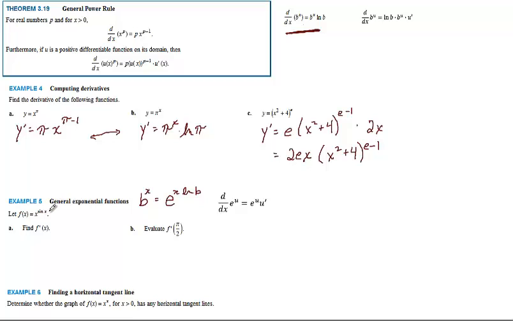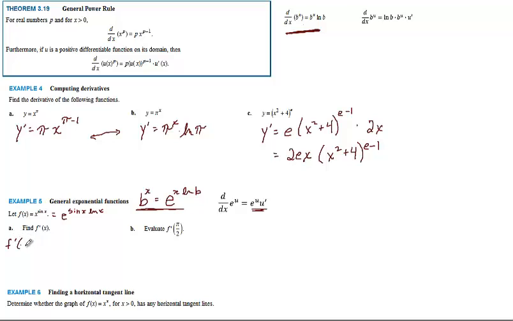So I can't use any of my general power rules basically, but I can rewrite this using this inverse rule. I'm going to rewrite this as equals e to the sine x natural log of x, because I do have general rules for e raised to a u. I've already worked that out.